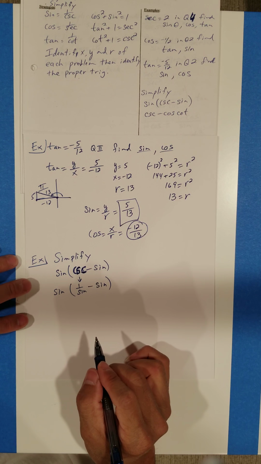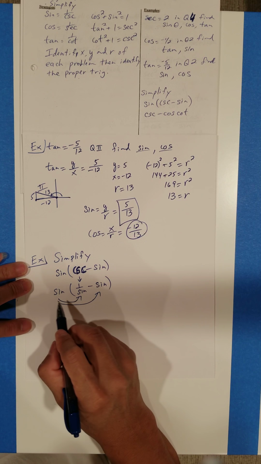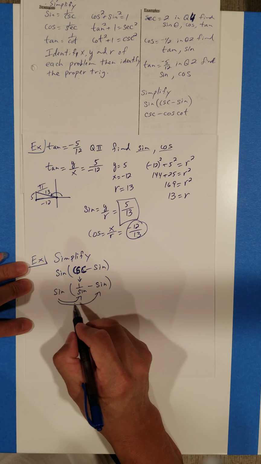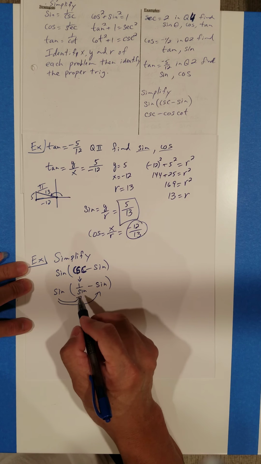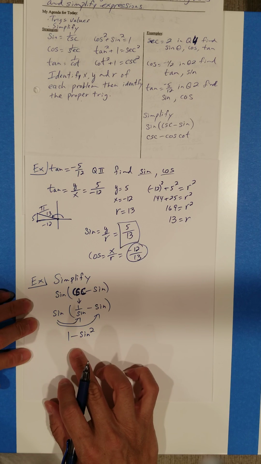So there's two things you can do here. You can distribute. What's sine times 1 over sine? Sine times 1 over sine is 1. Sine times sine is sine squared. So 1 minus sine squared, we got to try to simplify that.